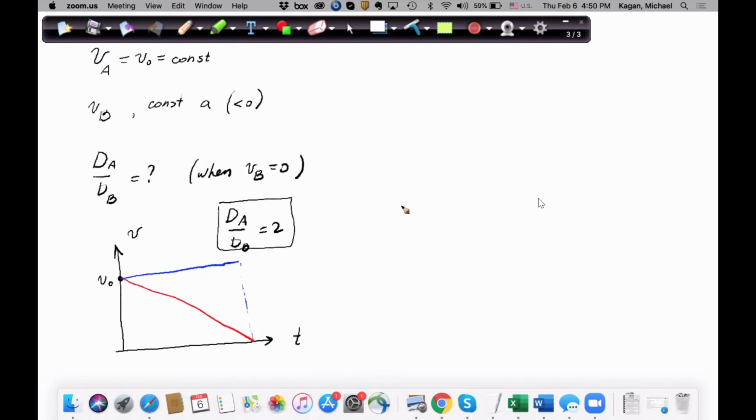So yeah, let me try to read it carefully, or slowly. If you start from rest and accelerate to a given final speed v naught after time t, so you're given a certain speed v naught and the time during which you accelerate. And again, it's not specified whether it's constant acceleration or non-constant acceleration, could be anything.